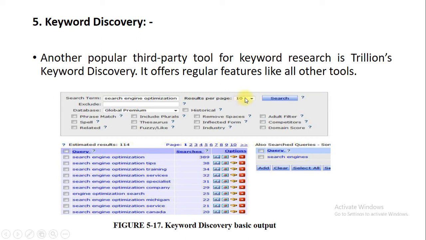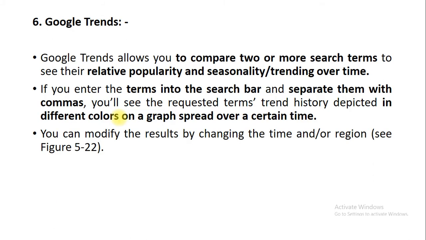Per page, how many keywords you want to see can be listed here, and how many searches are performed on a specific keyword can be shown here. You also have many options related to advanced search, which you can select from here. So this is the screenshot related to keyword discovery.